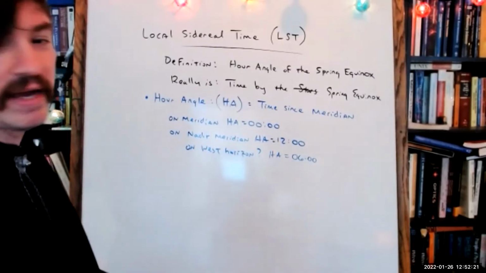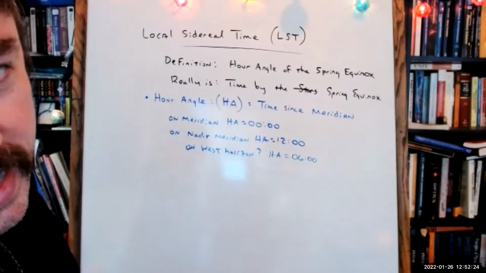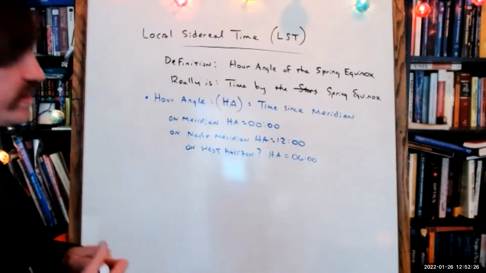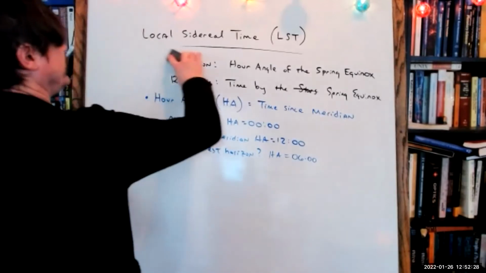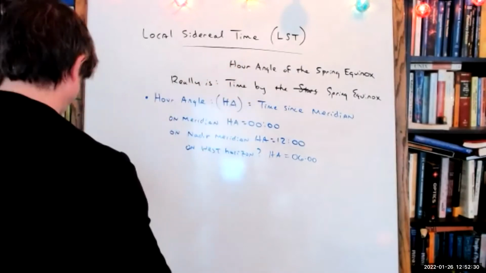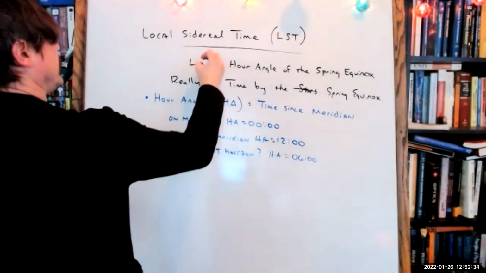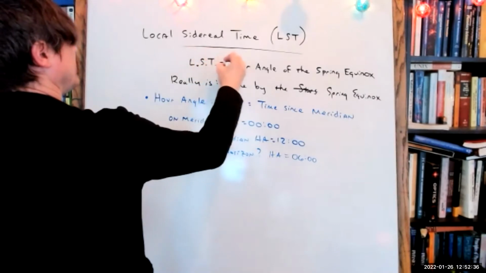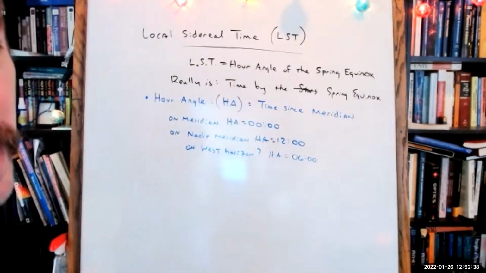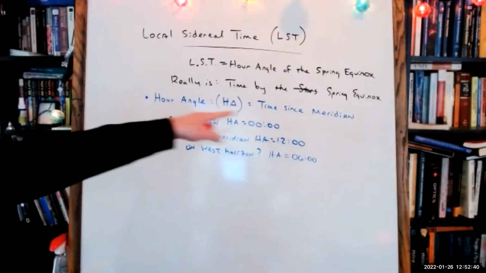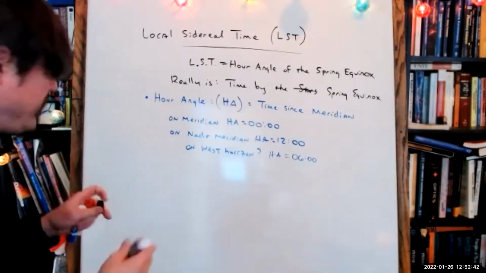I'd also like to remind you guys of a definition. LST, the local sidereal time, is defined as the hour angle of the spring equinox. The hour angle is the time since the meridian.